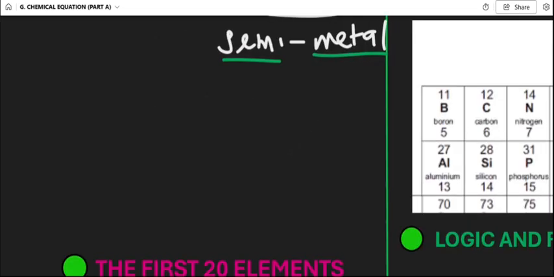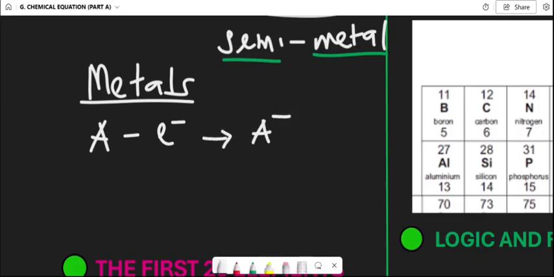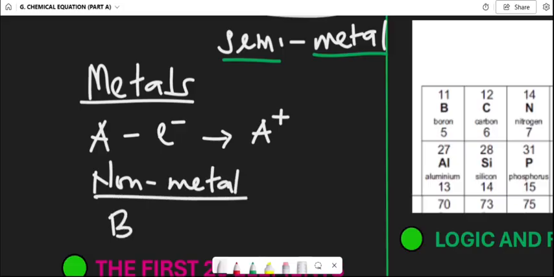Let's do a fast recap. Recall I said something about metals, that let us assume A was a metal, and you always know that A will always give out an electron to turn to A+. But for a non-metal, let us assume our non-metal is B. B will always gain an electron to turn to B-.